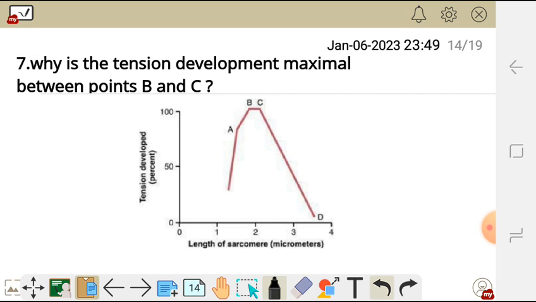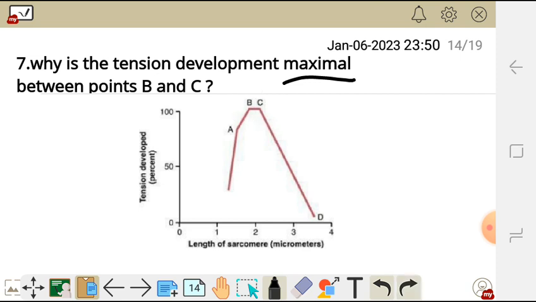So question 7 reads, why is the tension development maximal between points B and C in this diagram here? This diagram is showing the tension development in a muscle tissue against the length of the sarcomere. So they're asking, why is the tension development maximal between points B and C?